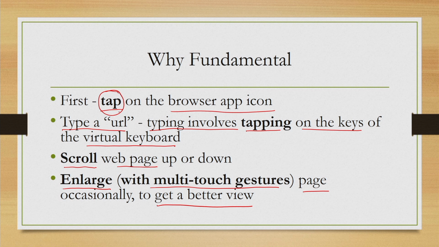This is followed by URL typing, which again requires a series of tapping. So, this typing can be represented as a sequence of fundamental operations. This is followed by a scrolling operation, another fundamental operation, and optionally there may be an enlarging task, which involves multi-touch gesture, another fundamental touch interaction.